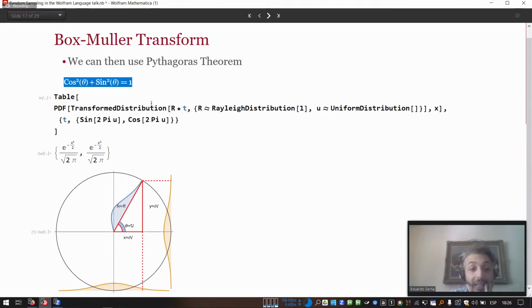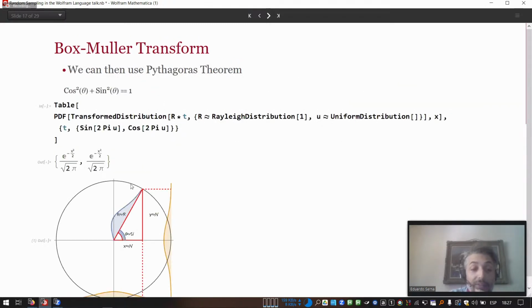And that's essentially the transformation we were doing here. So we knew that if these two sides were distributed normally, the radius of the circle here would be distributed as the Rayleigh distribution. So now we can go the other way.